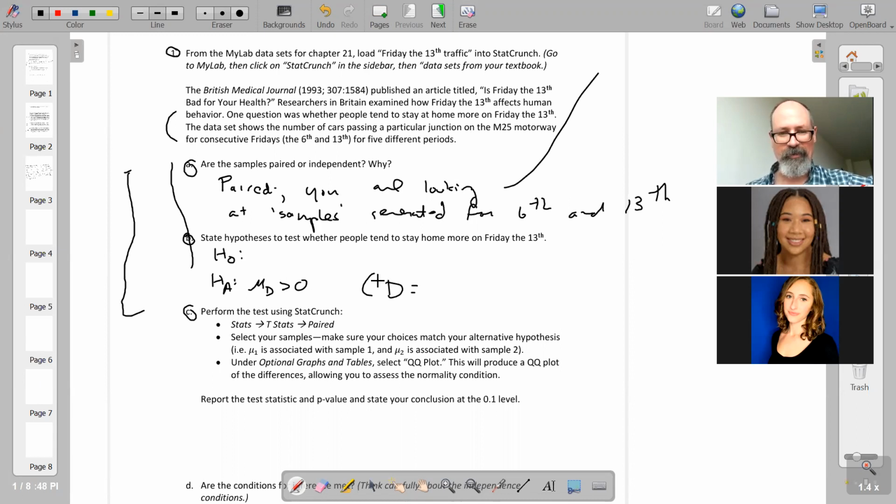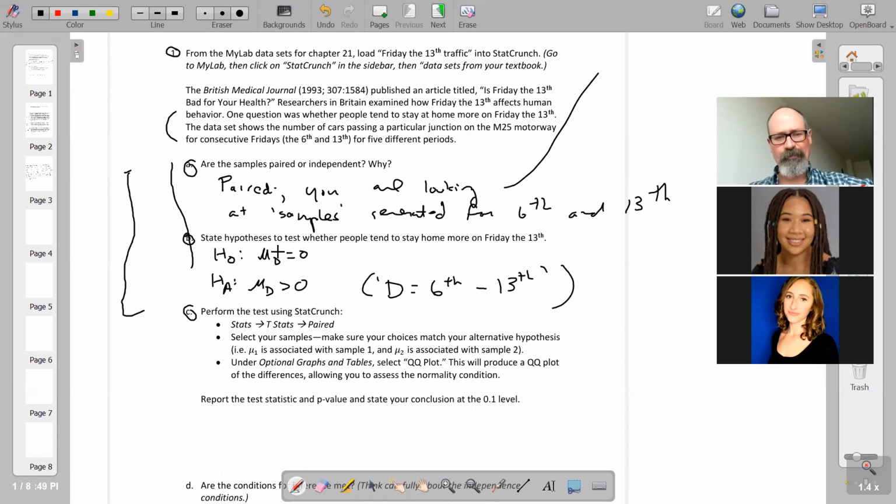But D, I'll put it in quotes because it's not really a subtraction, D is like the 6th minus the 13th, the 2 consecutive Fridays in that order. And so if you take a look at the average difference, you're wondering about the alternative, if there's evidence against the belief that there basically is no difference.